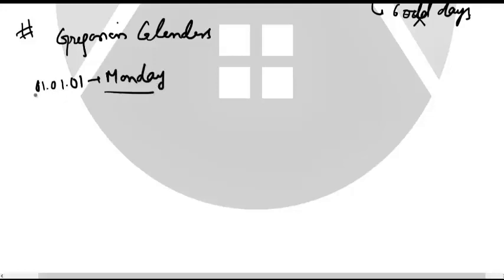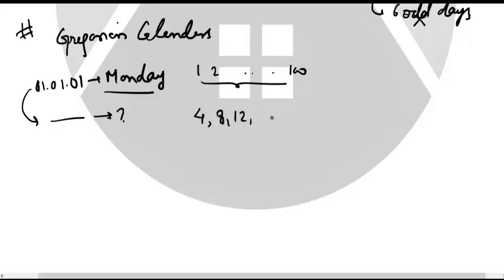Keeping this as a reference, they started finding out the days for the different dates, right? And so on. So if you see 100 years, like 1 AD, 2 AD, 3, 4 years, like this 100 years, in this, every 4th year will be a leap year. Then 8, then 12, 16, and so on. So the last leap year will be 96.